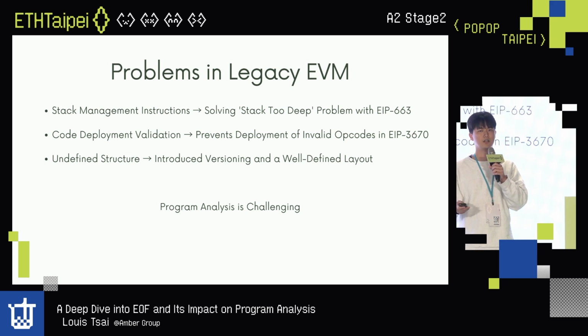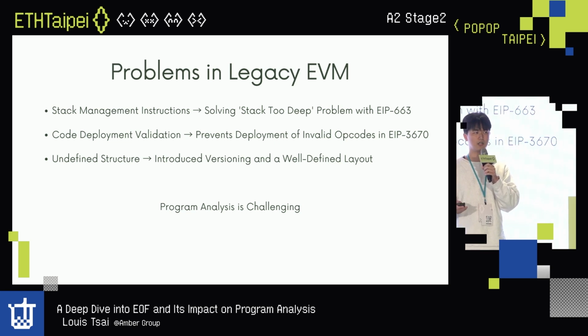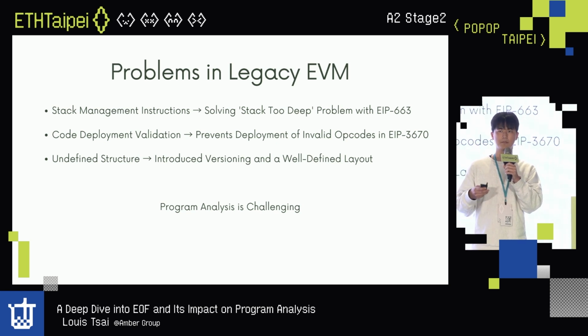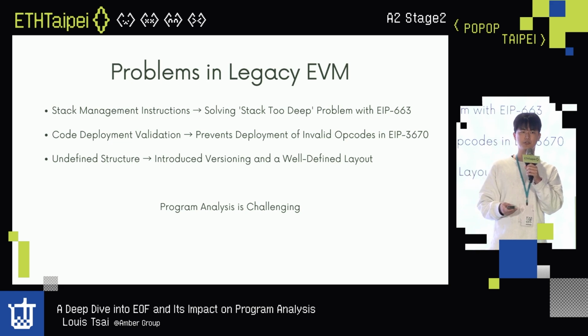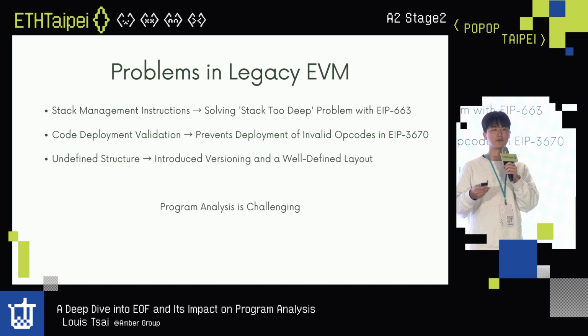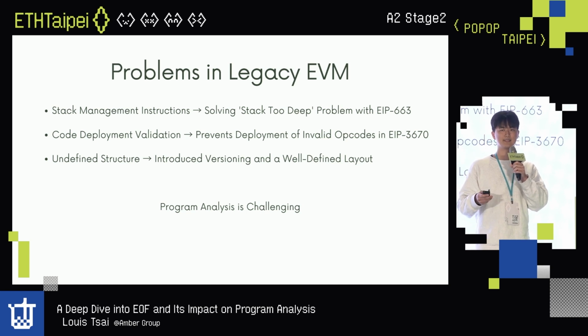However, in EOF, EIP-663 is introduced, and 3 new opcodes are created. They are swapn, dupn, and exchange. The first 2 opcodes are extended versions of dupe and swap operation, allowing access up to 256 levels deep.